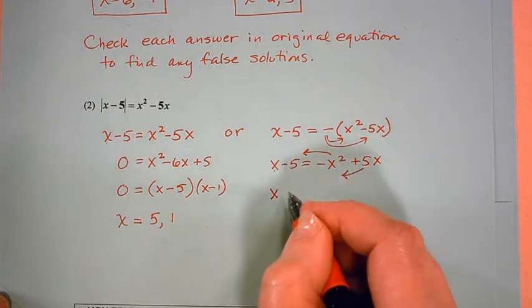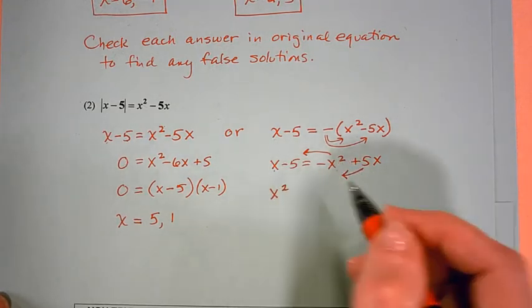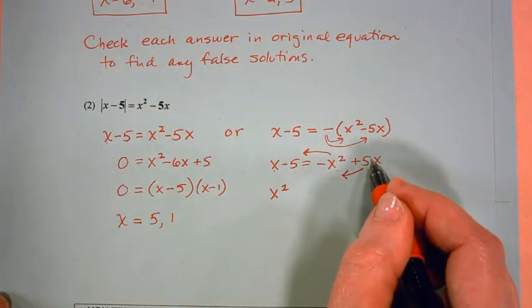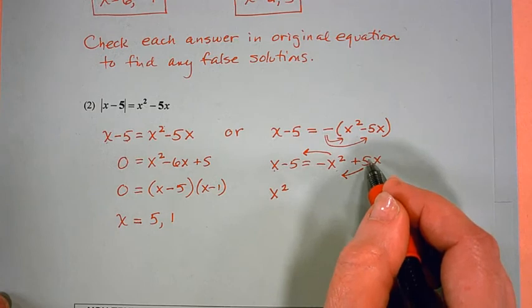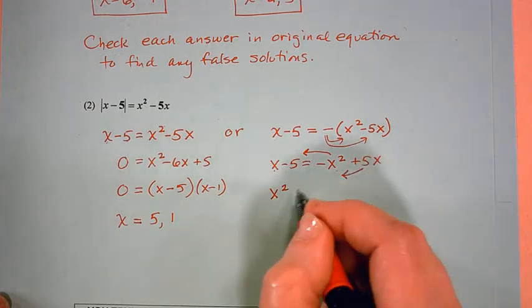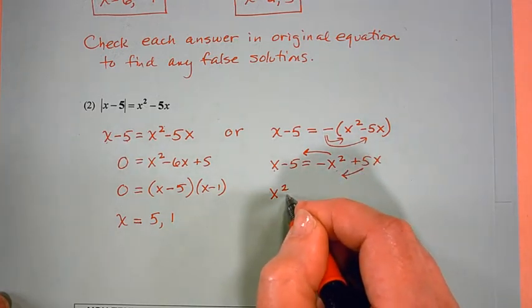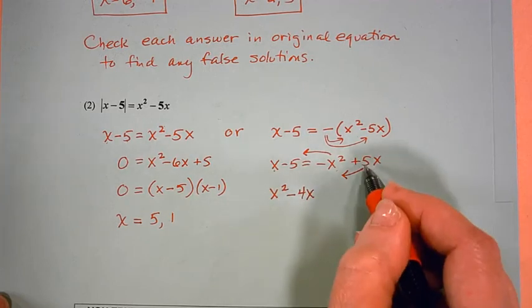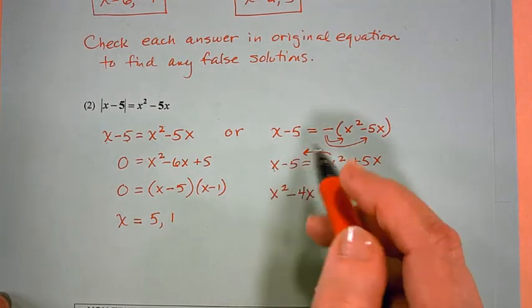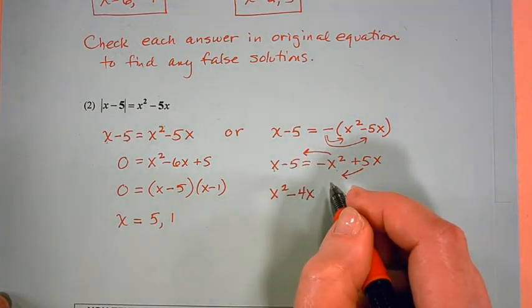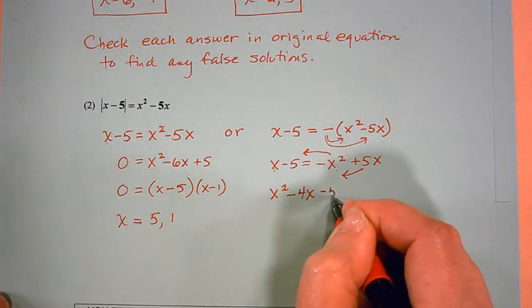So I'm going to have positive x squared. When I subtract 5x from both sides, I'm going to get a negative 4x here. Negative 5x plus that x over there will give me a negative 4x. And then I'm just going to have the minus 5.